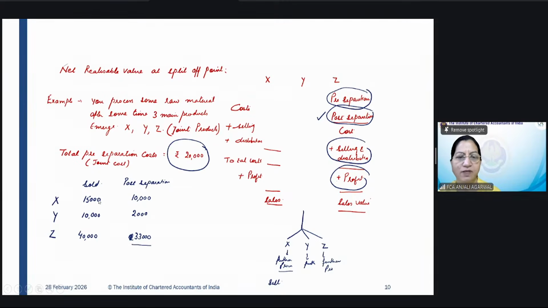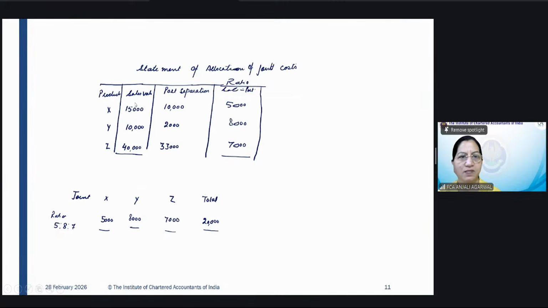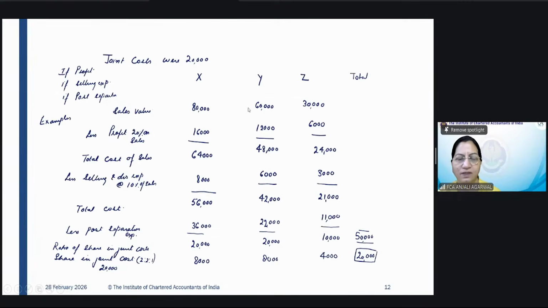We want to get to the net realizable value at split off point. So we will work backwards. We'll pick up the sales value and whatever information we have. If profit, selling expenses, and post separation cost are all available, you will subtract them in this order.